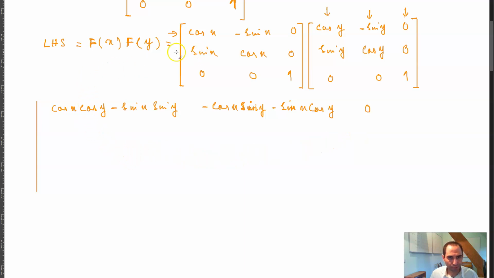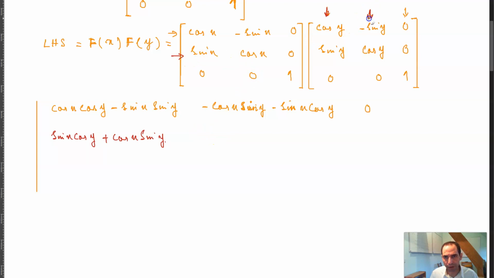Then you can move to this row and this column. You have sine x cos y plus cos x sine y, and then you have a 0 there.